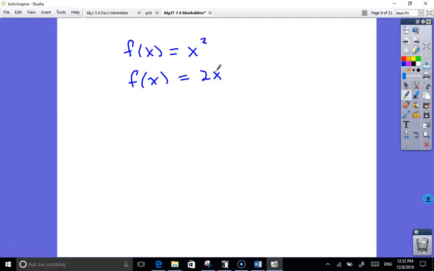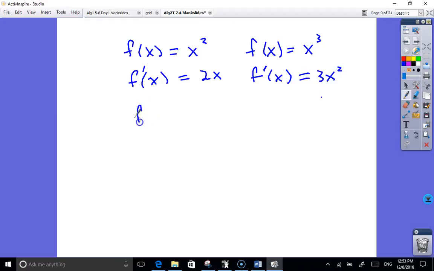It's like one lesser degree. If I find the derivative of x to the third, I should say f prime. To make a derivative, you do a little prime. It's 3x squared. In the end, you're getting a polynomial.